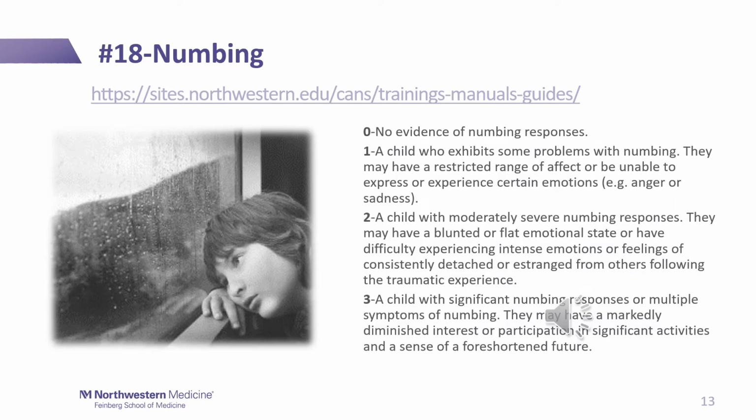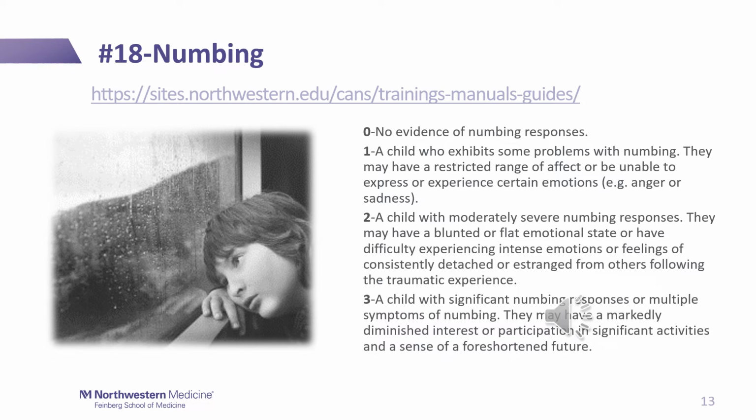The rating levels for number 18, numbing, include 1, a child who exhibits some problems with numbing. They may have a restricted range of affect or be unable to express or experience certain emotions such as anger or sadness. A 2 is a child with moderately severe numbing responses.